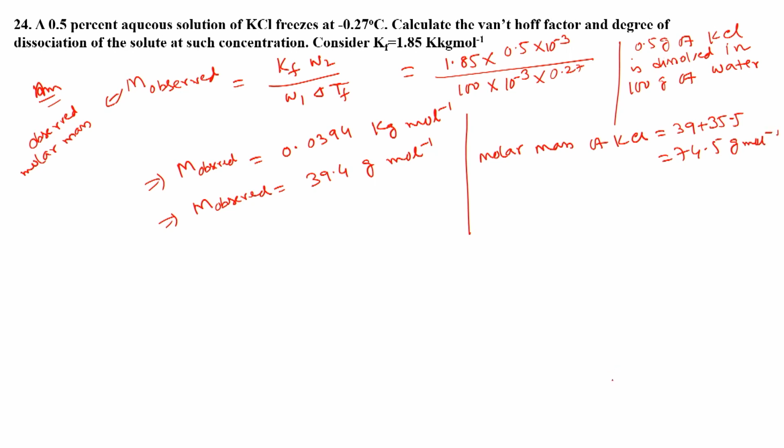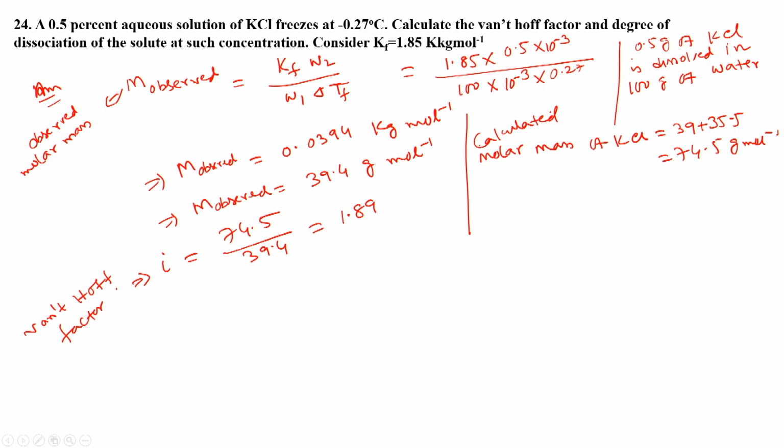Okay, so i is 74.5 by 39.4, which gives 1.89. So this is the Van't Hoff factor i. The Van't Hoff factor i is the calculated molar mass divided by the observed molar mass. We get 1.89.